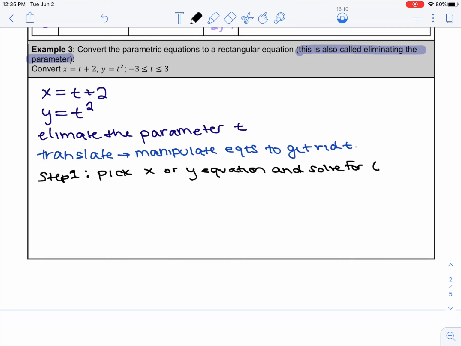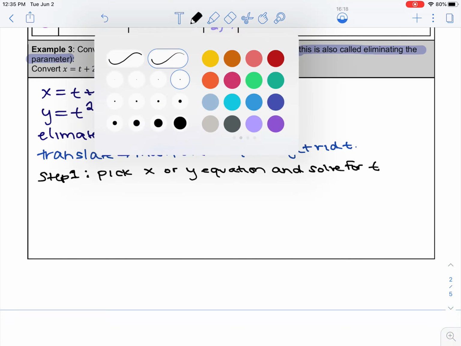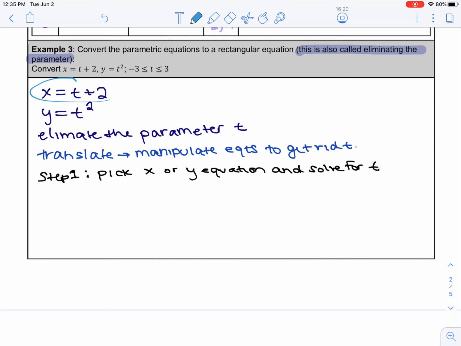So remember that solving for something means to get it by itself. And I'm going to follow how it is outlined in your notes, and I'm going to take the x of t equation and solve for t there, because it's a little bit less intimidating, right? To solve for t here, to get t by itself, all we have to do is subtract over the 2.